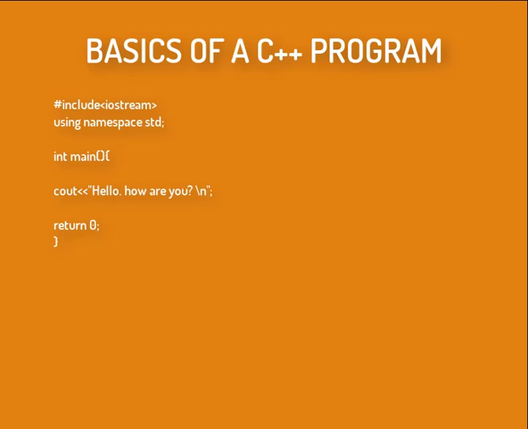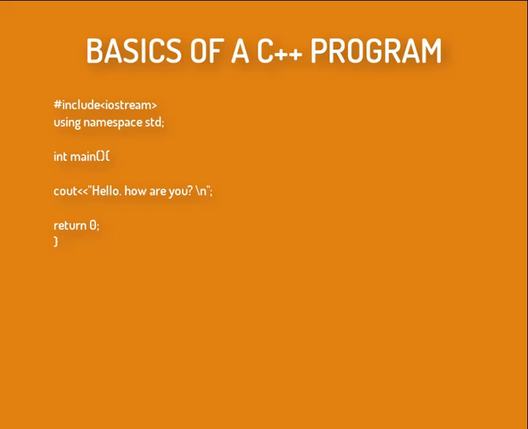In this program, other than line number 4, which says cout within double quotes hello how are you backslash n, all other lines are used in just about every C++ program. They are components of just about every C++ program, and it's very rare that you'll see a C++ program that doesn't have those other lines.